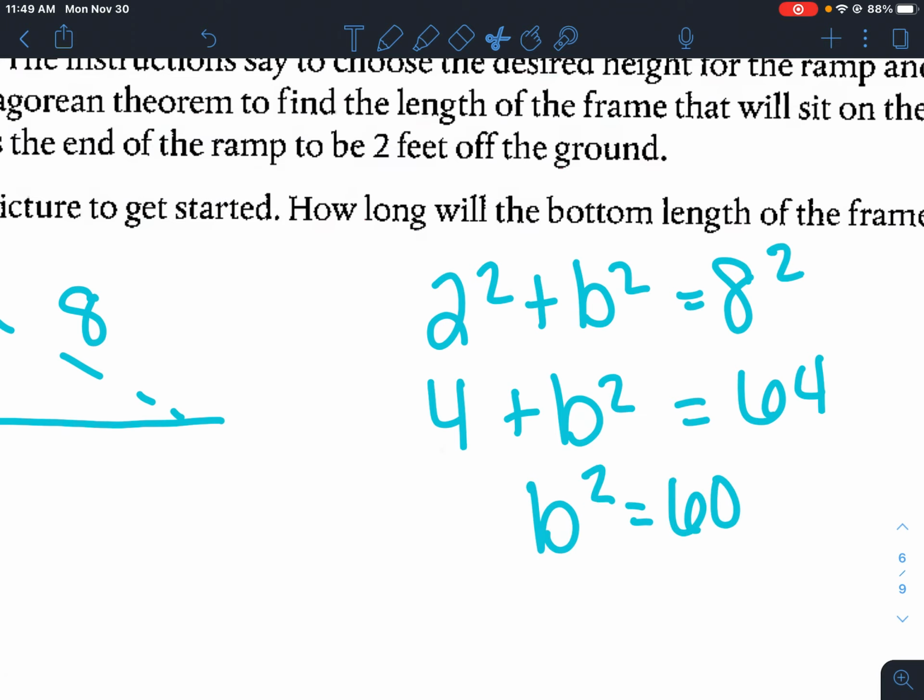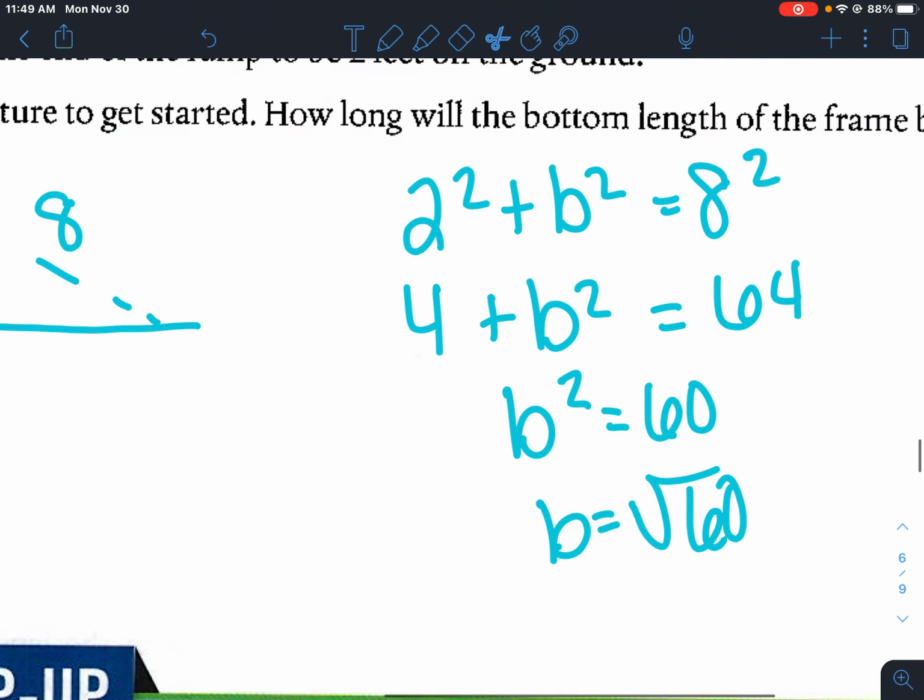I square all the numbers, move the 4 to the other side, subtract 4 from both sides, and take the square root. I'm not going to leave it as the square root of 60 because I have no idea how long that is off the top of my head. If somebody said, go build me a skateboard ramp that's the square root of 60 feet away from the wall, I'd be like, I have no idea how far away that is.